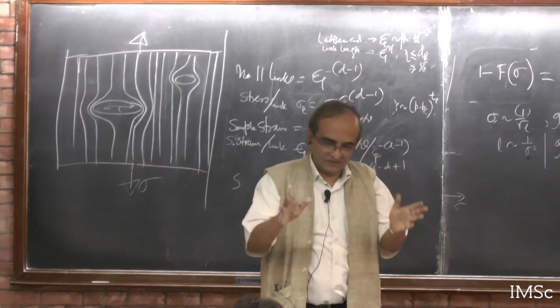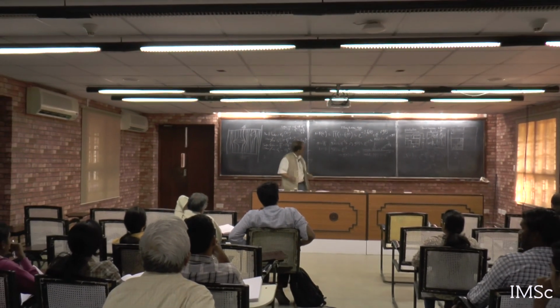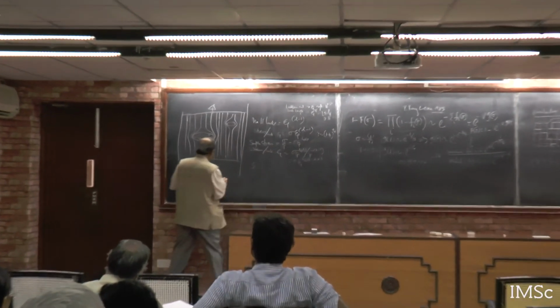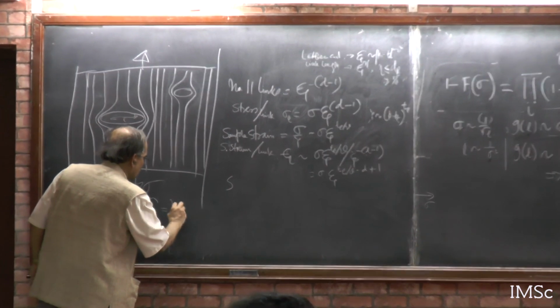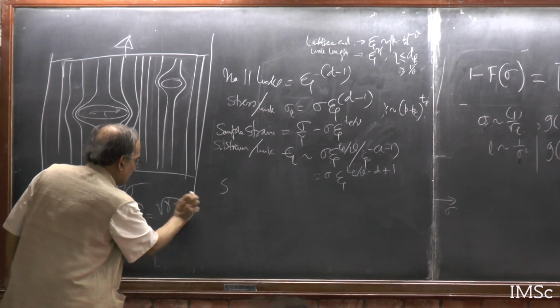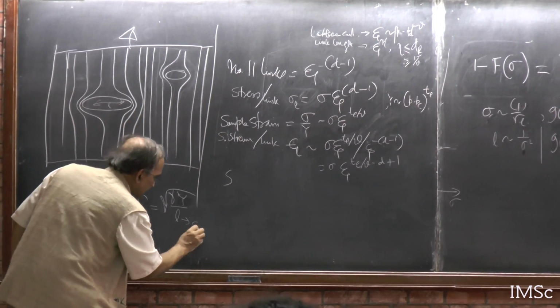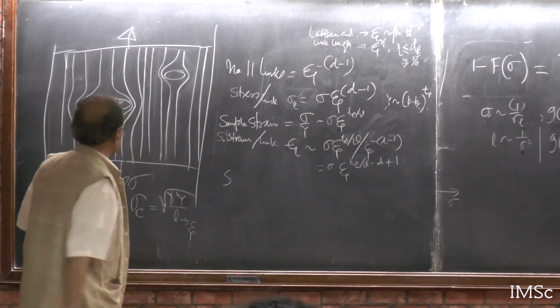So that would be the Griffith's analog, and you will see that in a sense you could perhaps guess, just one minute, we found out sigma c is surface energy density times modulus of elasticity by length. Now this length will be replaced by xi. I mean, you will find that in a sense it does that.